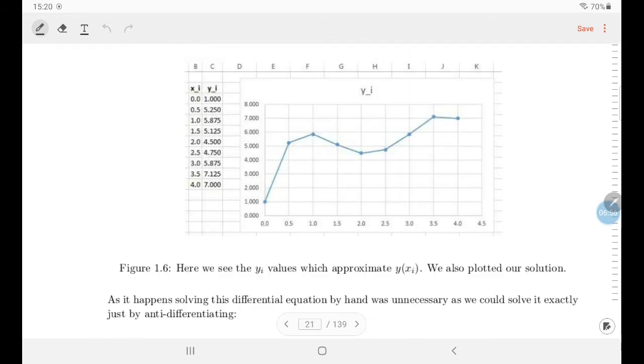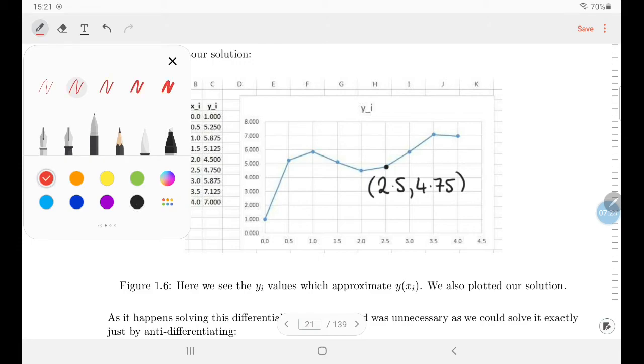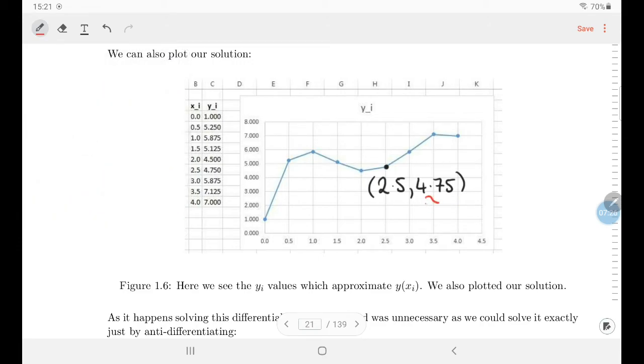Okay, so if we keep on going, you can plot your solution. So essentially this is what we've done. We keep on going. Yeah, this is what we get. So here we see the yi values that approximate y of xi. So for example, here at 2.5, so this is the coordinate 2.5, 4.75, and that 4.75 is supposed to approximate the true solution at 2.5.